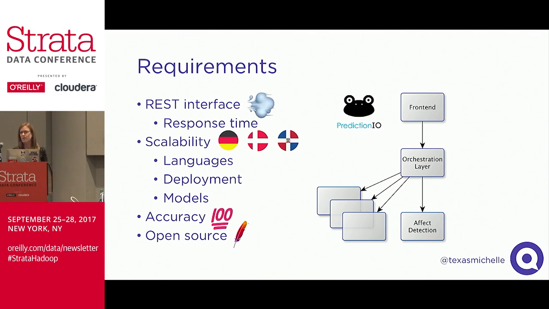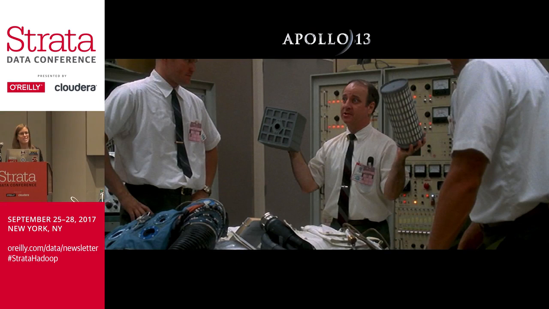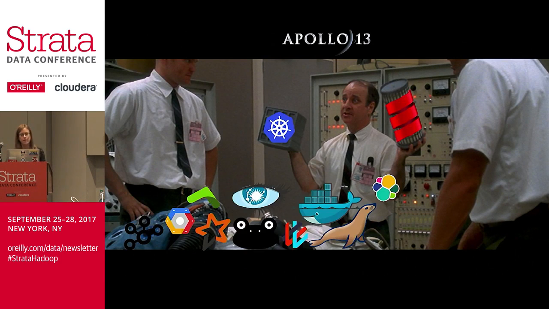And if you're not familiar with it, you might be familiar with this scene from Apollo 13, where they lock a bunch of the rocket scientists in a room and they dump out a bunch of components, and they say, okay, we got a man, he's going to die unless we find some sort of solution with just these parts. So it kind of feels like that because there are a lot of different pieces, but almost all of it is open source, and it's really allowed us to achieve those goals that we set out to accomplish with the whole better product thing.